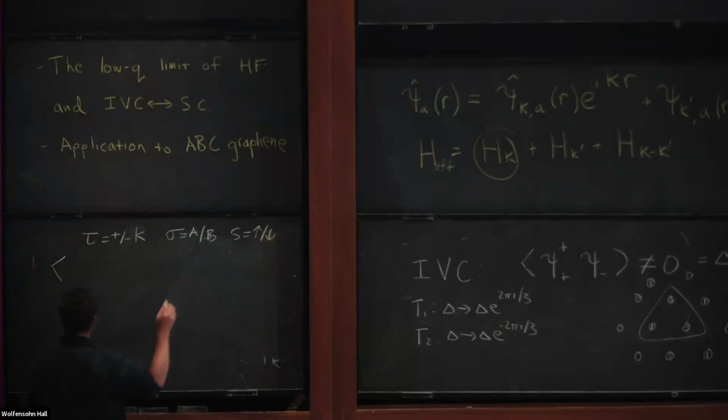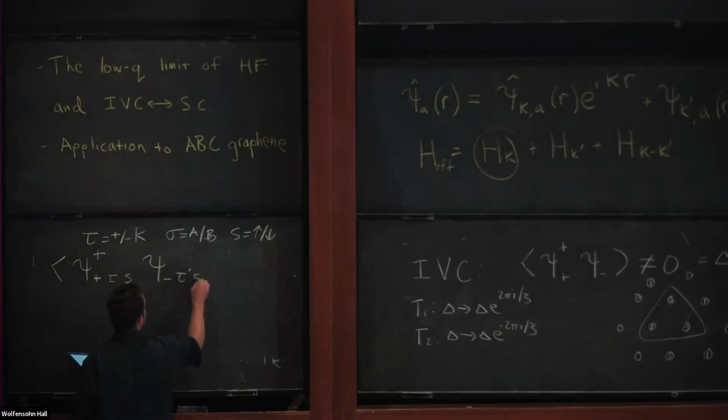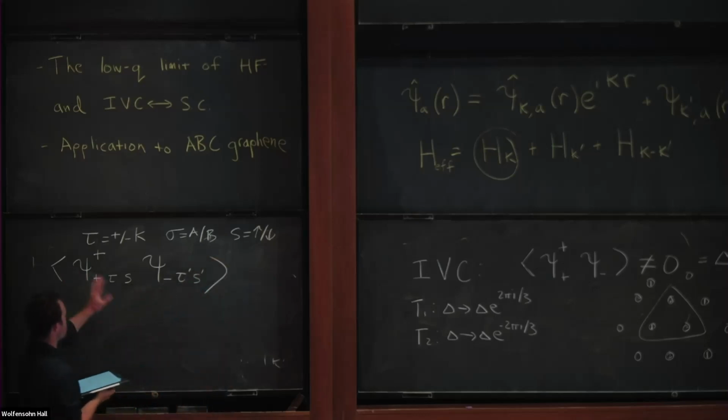And my field operators that I've been talking about really have all three of these indices. So when I talk about intervalley coherence, there's a possible structure, psi plus, sigma, tau, S, psi minus, sigma prime, tau prime, S prime, which is some matrix in the space of, sorry, this is not tau, sigma.